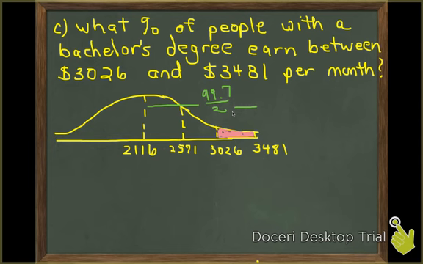So just the right-hand side of it would be 99.7 divided by 2.